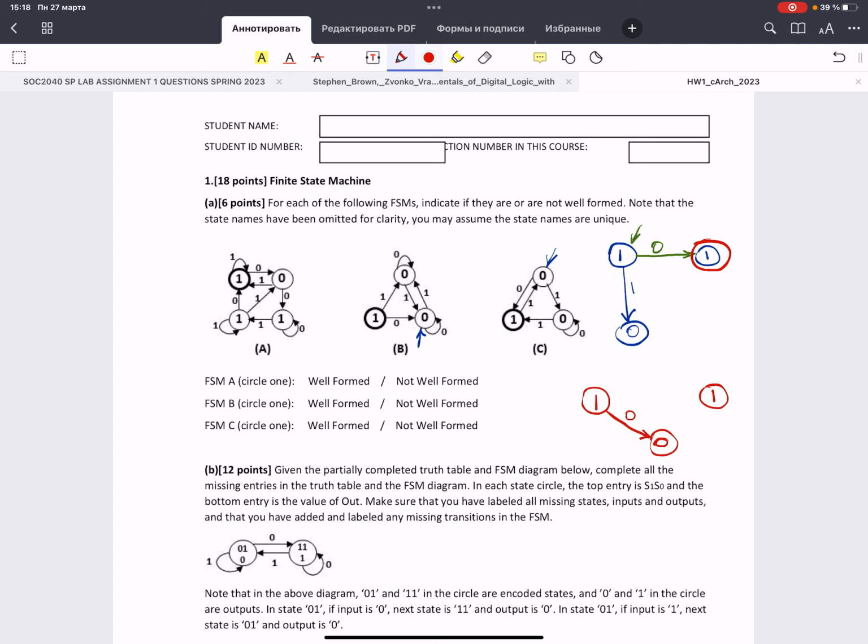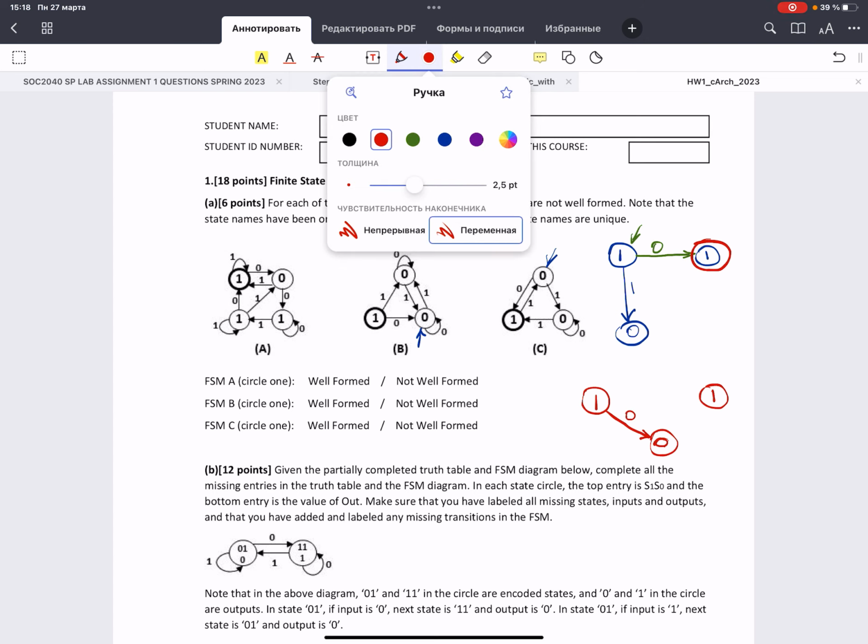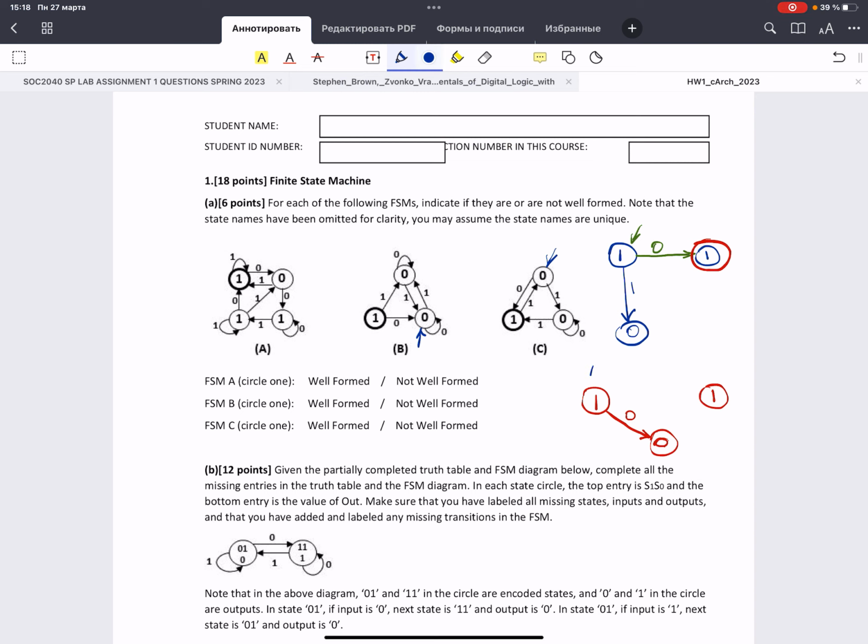That means if you give input 0 to the state, the next state is going to be this one. But if I add this one, then this action breaks our uniqueness rule. Now our machine doesn't know which state is next if input 0 is given to this state, because here the next state is 0, here it's 1.